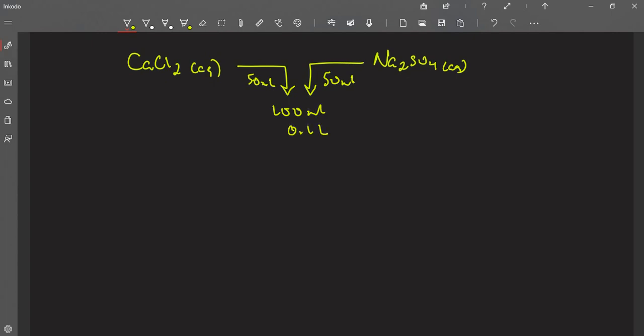This is a dilution, right? You are diluting each of these solutions by combining them, by increasing their volume. So hence our double dilution.